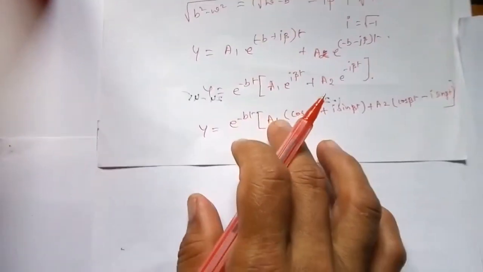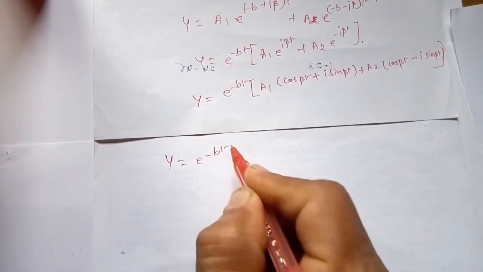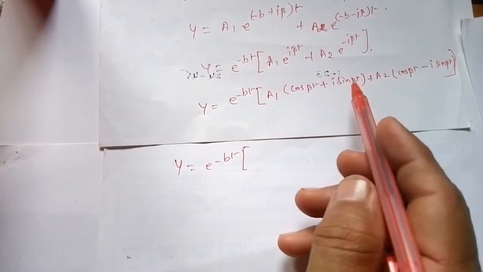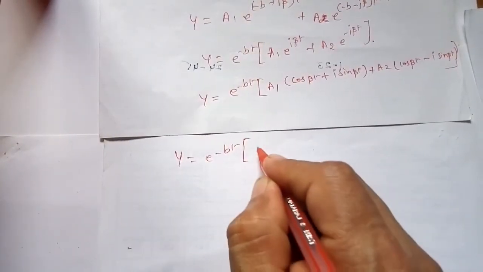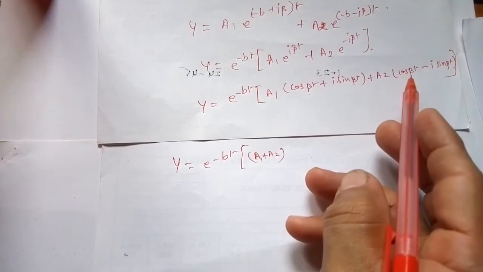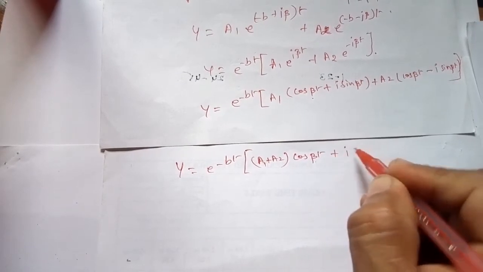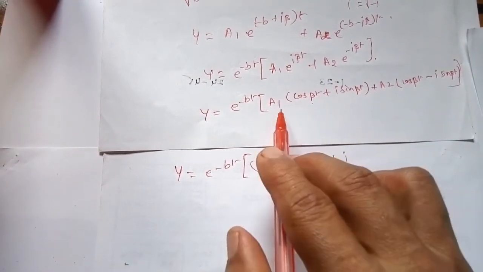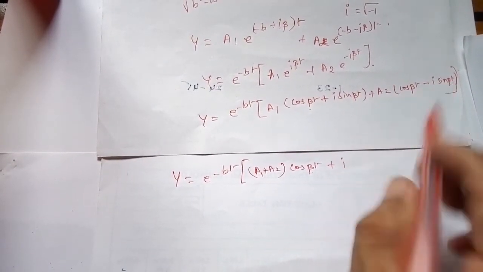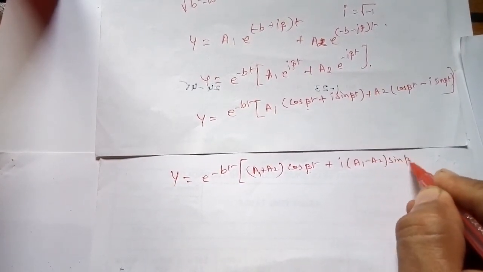Further, you can write y is equal to e to the power minus bt remains as such. So what I will do is collect the real and imaginary parts together. So a1 plus a2 is the real part, cos beta t is common, plus i into a1 minus a2 sin beta t, where sin beta t is common.